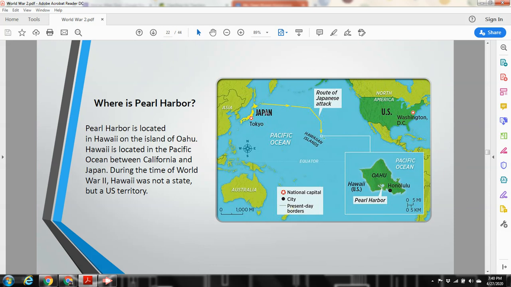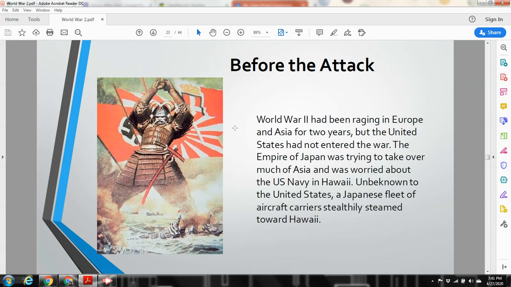So what Japan wanted to do was take out all the United States military forces that they could, naval forces, because the ships and the airplanes could stop them from trying to take power. So that's one of the reasons why the Japanese wanted to take out America.